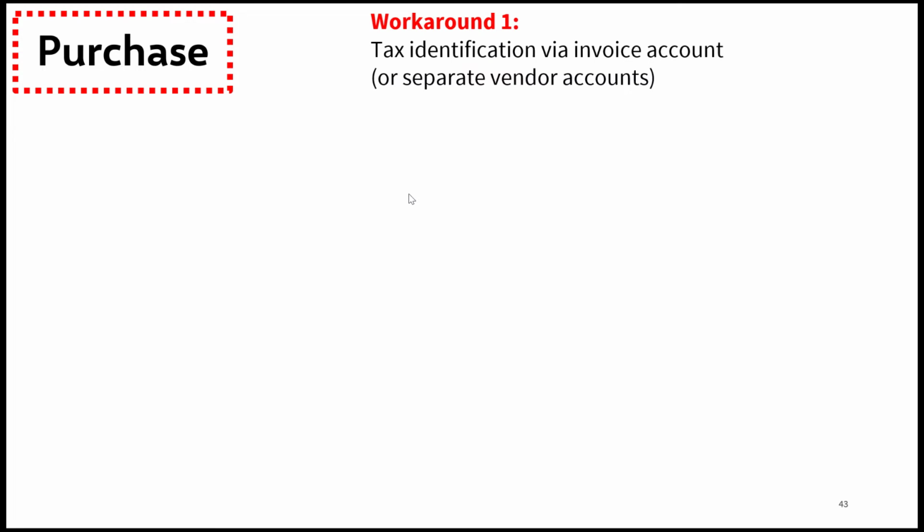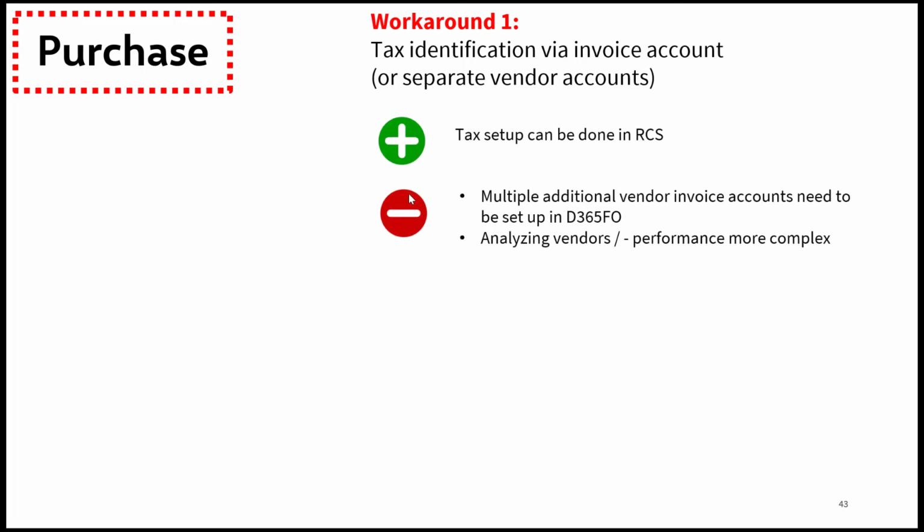And the first workaround that I found is, okay, let's use invoice accounts or separate vendor accounts that we set up for this purpose. So the advantage would be that the tax setup can be done in RCS. But the disadvantage of this approach is that you need to set up multiple vendor accounts or invoice accounts, and that analyzing them and the transactions becomes more complex.